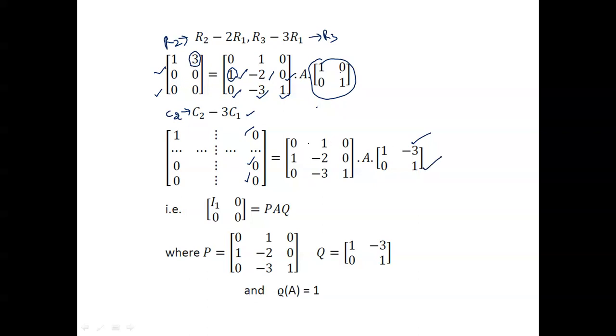Now we observe that on the left hand side, the original matrix A is reduced into the normal form I1 0 0, 0 0 0, that is equal to PAQ.